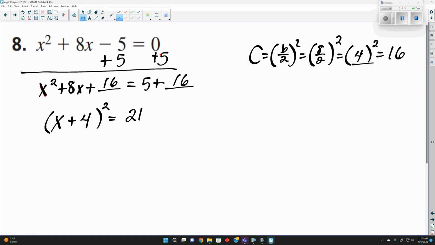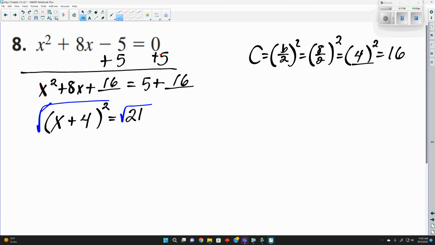Now, because it's equal to a positive number, we know that we'll have real answers. They might not be rational, but we will have real answers, because we get complex or imaginary answers when we take the square root of a negative number. Our next step in solving is to square root both sides.